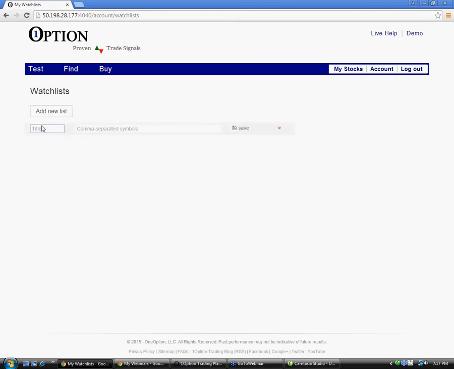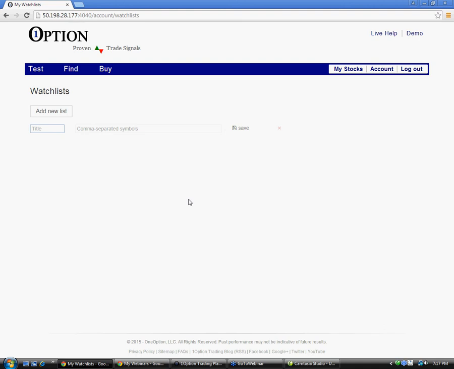So you'd come in here, name it, and then you'd put the symbols that you want to track and you'd click save. You could have 2 or 3 different lists, and if you wanted to, you could even separate out GLD, TLT, SPY. You could have those all in a separate table if you'd like and keep them separate from your stocks, or organize it any way that you'd like.